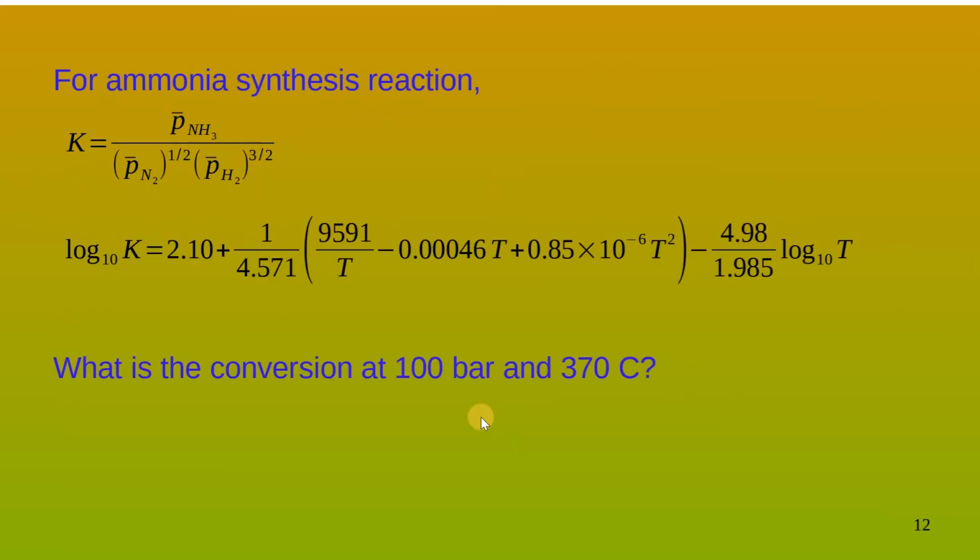Now, let's take an example. For an ammonia synthesis reaction, we write K as partial pressure of ammonia over the partial pressure of nitrogen raised to 1 by 2, that is nothing but the stoichiometric number of nitrogen, and partial pressure of hydrogen raised to 3 by 2, that is nothing but the stoichiometric coefficient of hydrogen in the reaction.